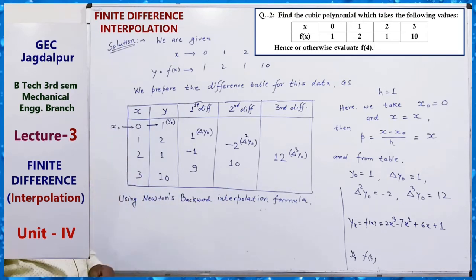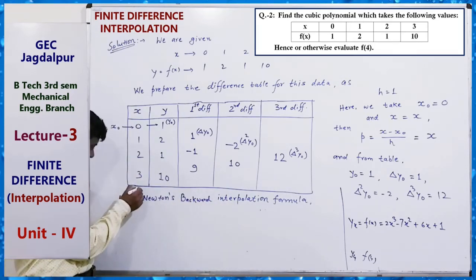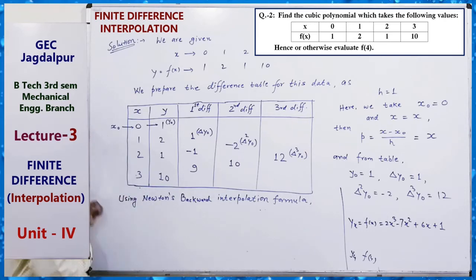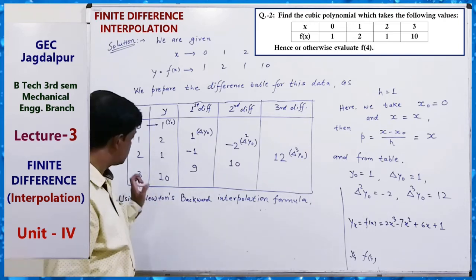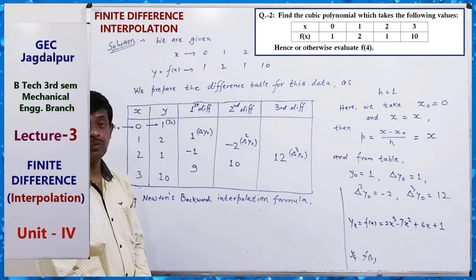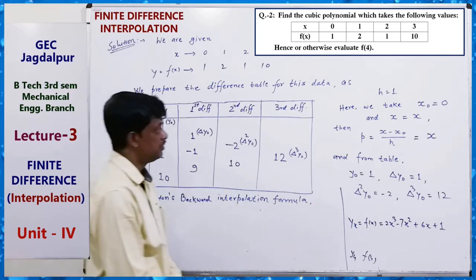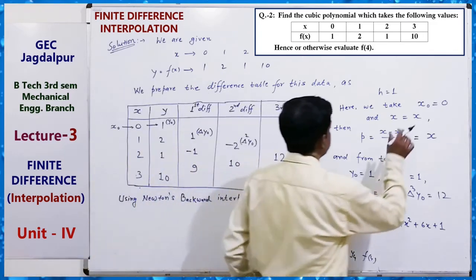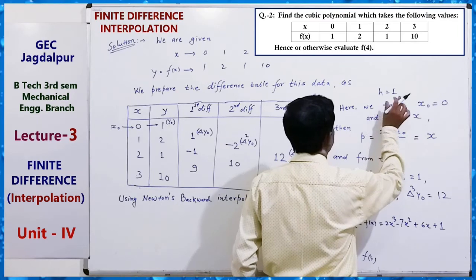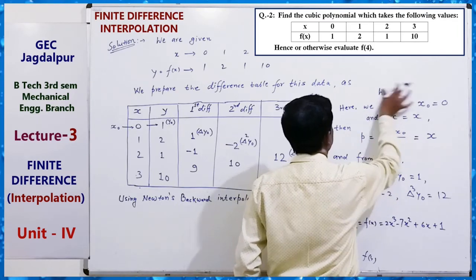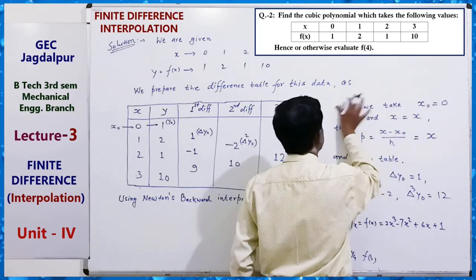For that, because x is lying here, xn will be 3. We write it like this.